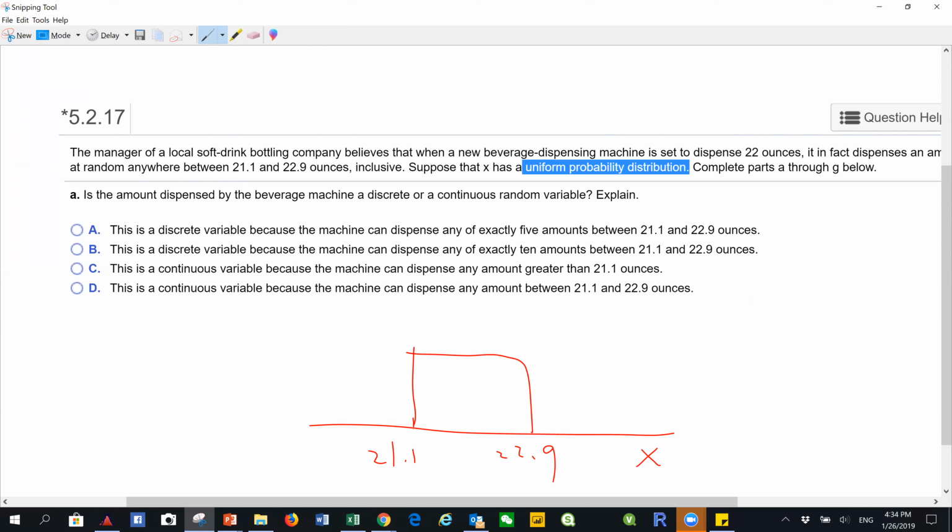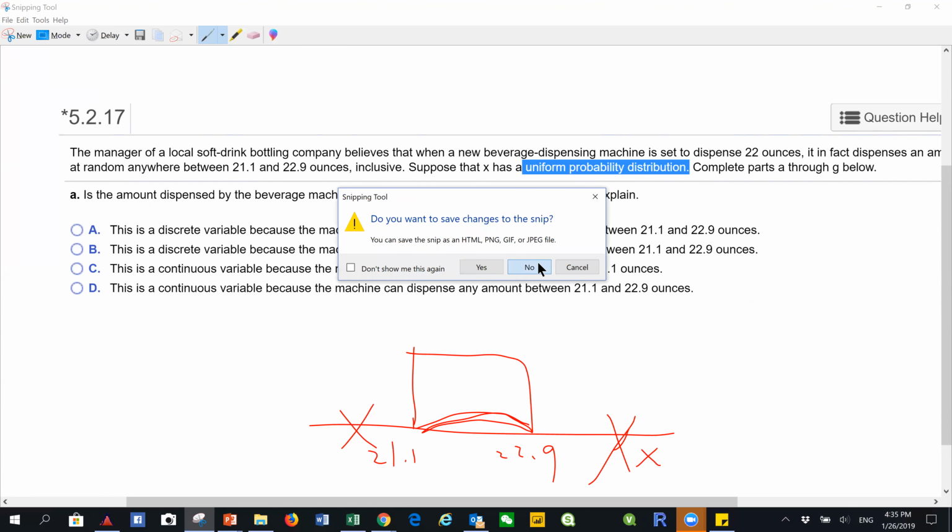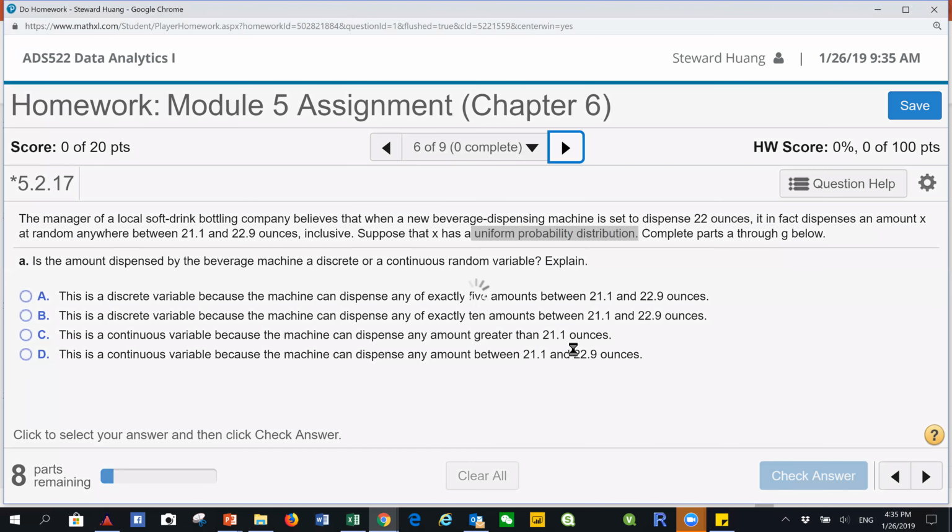X can be anywhere between these two values, but not outside. Only inside. And this is obviously not discrete because it can take on any value between these two values. Not greater, not less than. So this is really clear.